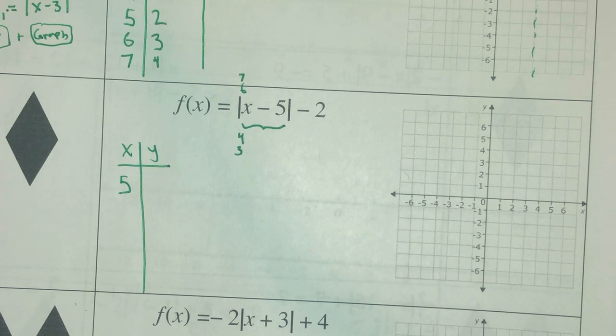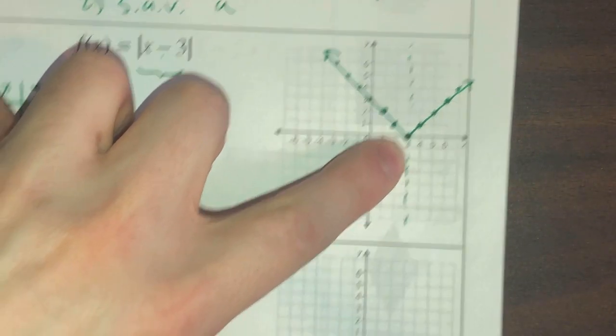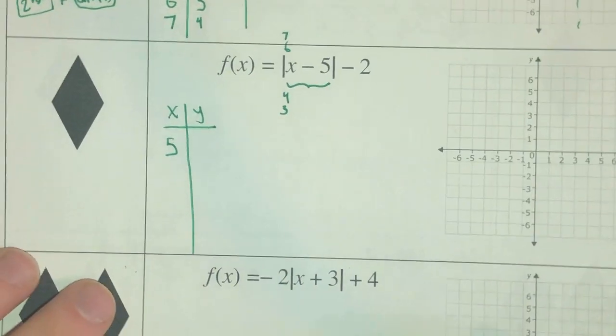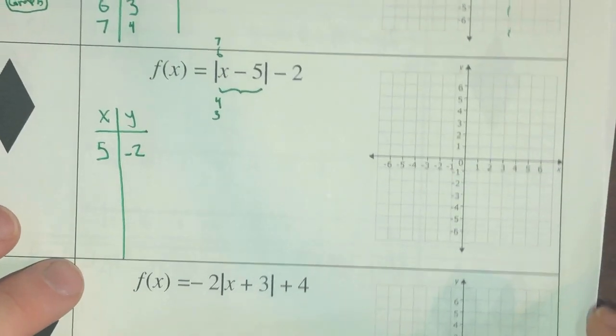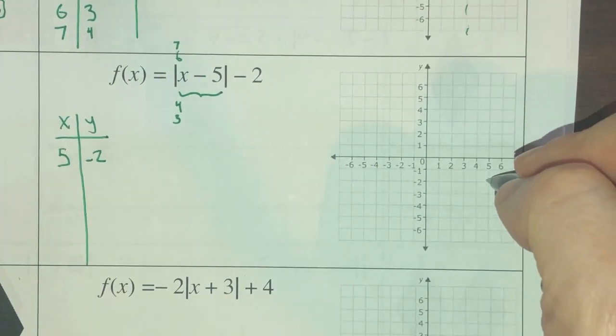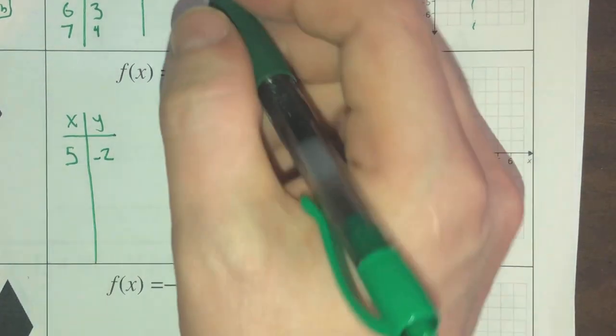And remember, the vertex is a point, an x, and it's the only x with that given output, right? Only 3 gave me 0, so therefore only 5 will give me negative 2. So that's a sign that 5, negative 2 is the vertex, okay?